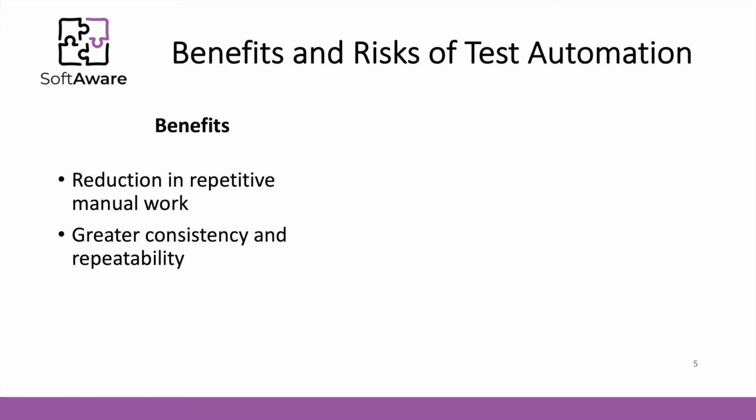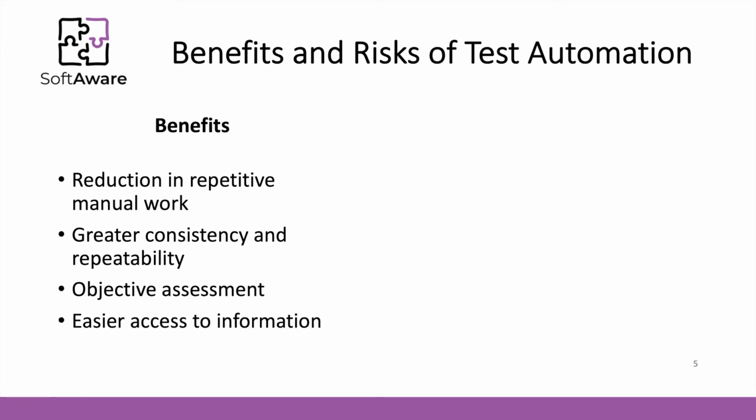Greater consistency and repeatability, including test data that is created in a coherent manner and tests executed by a tool exactly in the same order and with the same frequency. More objective assessment, for instance, using static measures and coverage, and easier access to information about testing, such as statistics and graphs about test progress, defect rates, and performance.